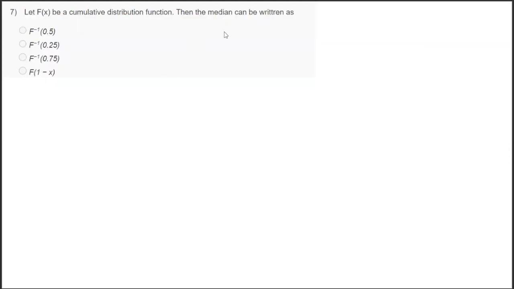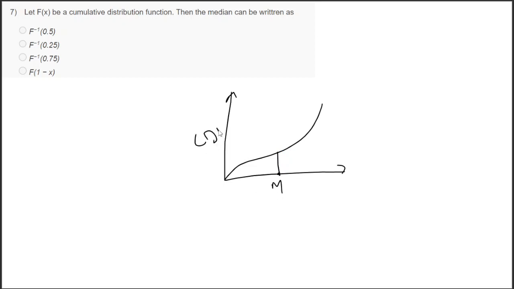Let's come to the seventh question. Let F of x be a cumulative distribution function, then the median can be written as. For cumulative distribution functions, the median is the one which divides the range into half.